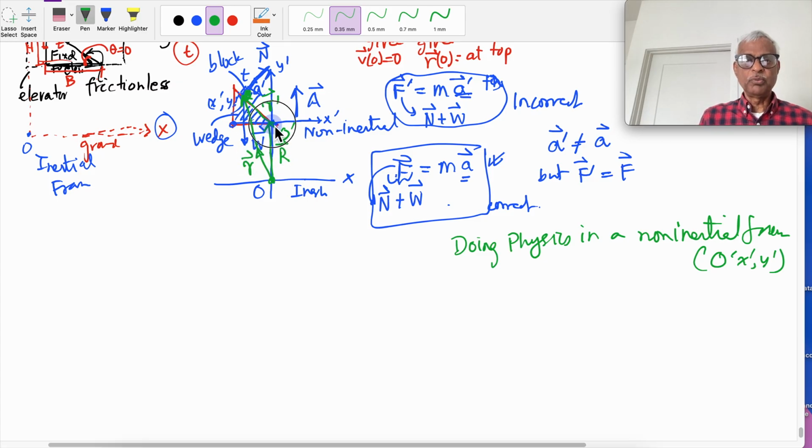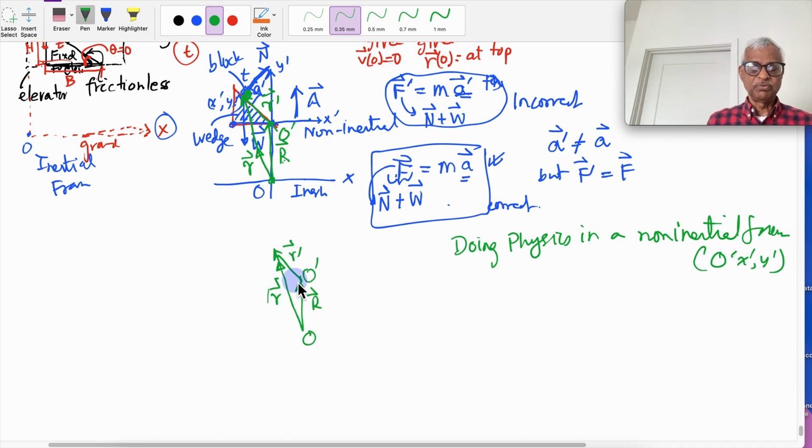So the O prime is the person R. If you look at these three vectors in space, this is a position with respect to O prime, and this is a position with respect to O.